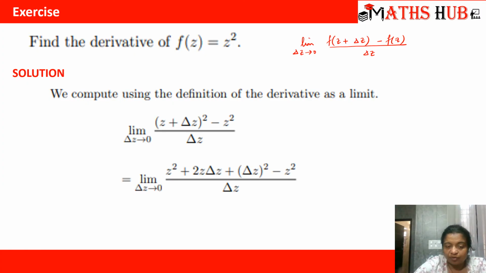Now when we open the brackets, we get z square plus 2z delta z plus delta z whole square minus z square divided by delta z. You can see that z square gets cancelled, and you can also divide by delta z, and you will get 2z plus delta z. Now in the limiting case, as delta z approaches 0, this value will become 2z. We already know that the derivative of z square is 2z. So this is the method of calculating using the definition of limit, right?